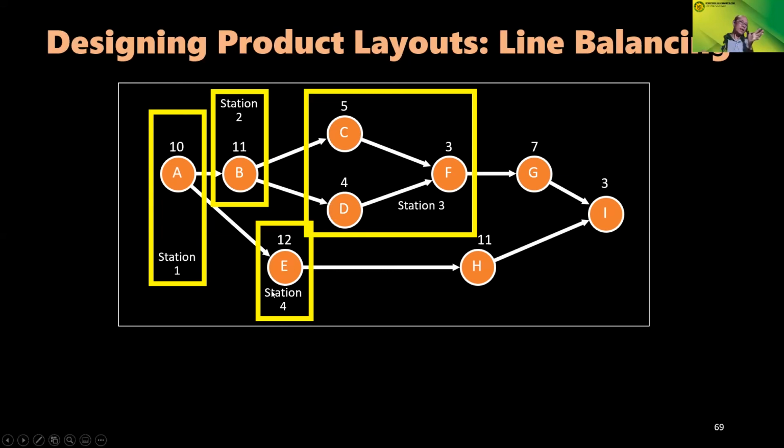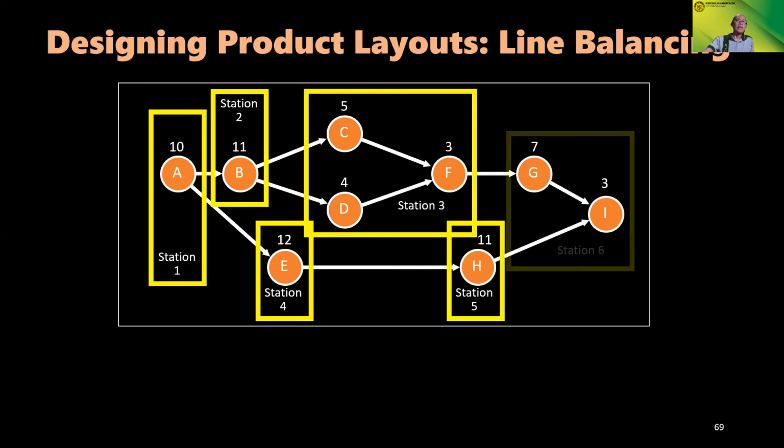Pwede si task E maibutang nimo sa station 3 and pwede ang C, D, ug F maibutang sa station 4. Kung imong tanaw sunod, automatically ang task H ibutang nimo into one station kay 11 minutes, 1 minute na lang ang diferensya sa 12 minutes. And lastly, ang imong last station is tasks G and E, which is actually equal to 10 minutes. Pasok gihapon ka sa imong 12 minutes nga cycle time.